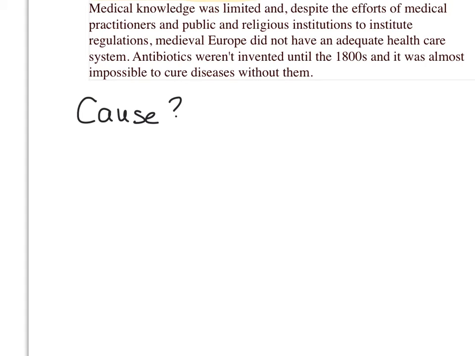So in this article, the first thing we want to look for is, well, what's causing the problems? So as I read the first sentence, there's our cause. As populations of medieval towns and cities increased, hygienic conditions worsened, leading to a vast array of health problems. What was the cause of all kinds of medieval problems with their health? Increased population.